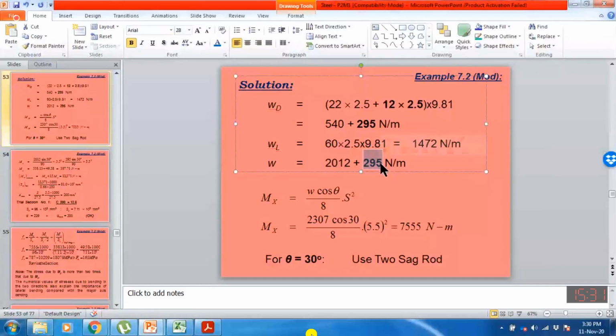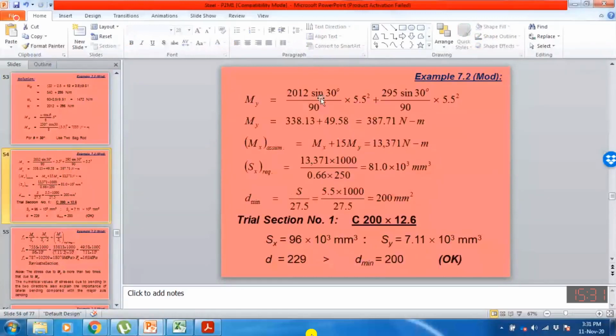So here 2012, this component is computed separately: omega sine theta into L square by 90, and 295 sine theta into L square by 90. L is the length of the purlin, which is equal to the spacing of truss. So I have My, the bending moment due to superimposed load, and this is due to self weight. Total My is equal to 387.71. In this statement, we are asked to design as a channel.